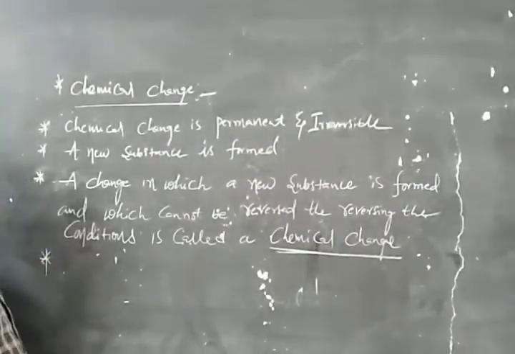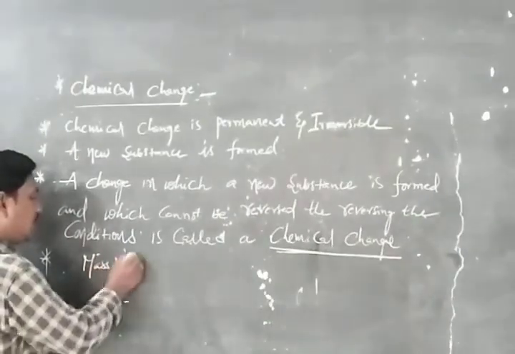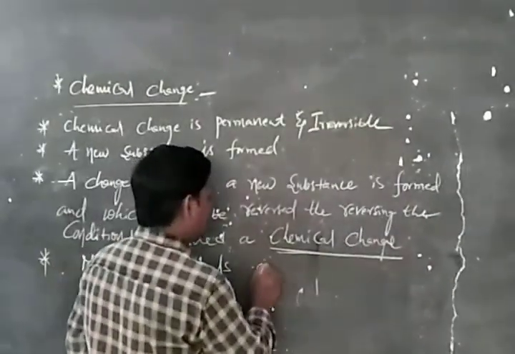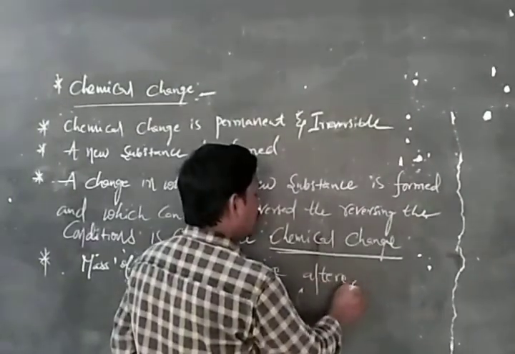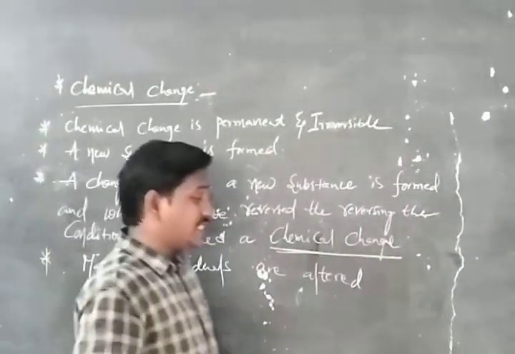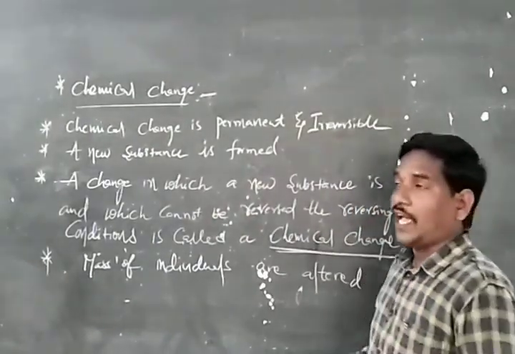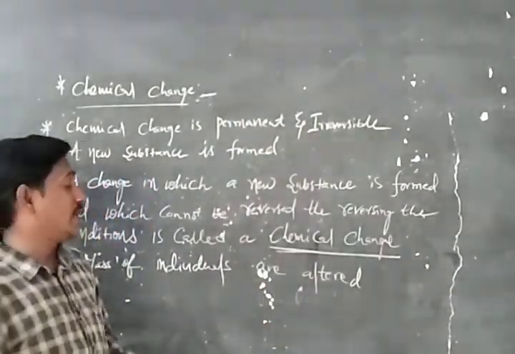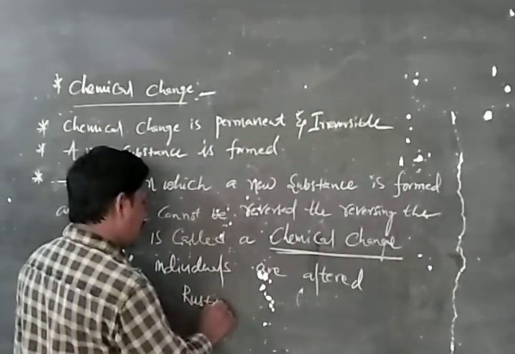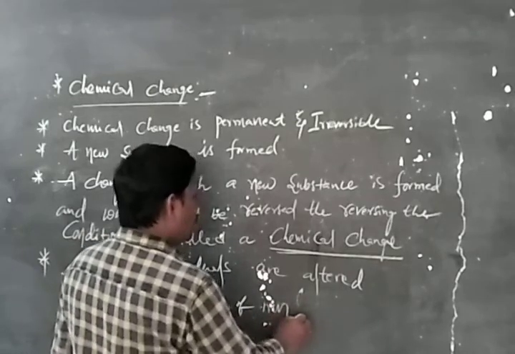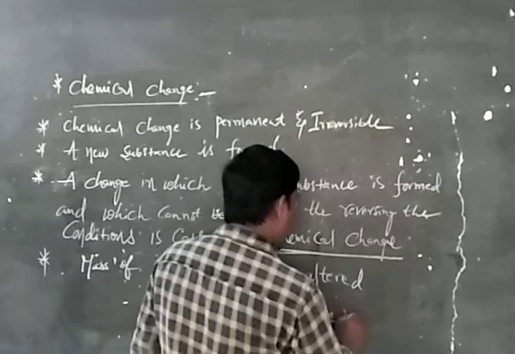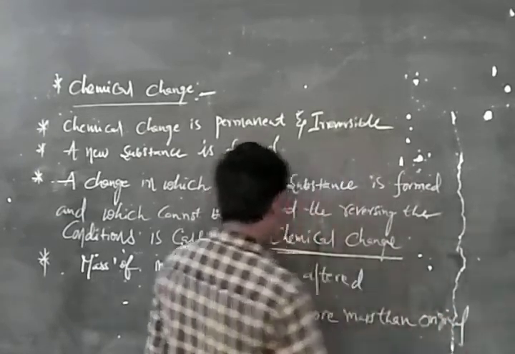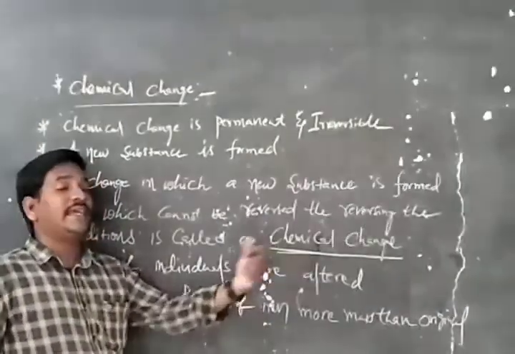The mass of the individuals is altered. For example, rusting of iron has more mass than the original one.